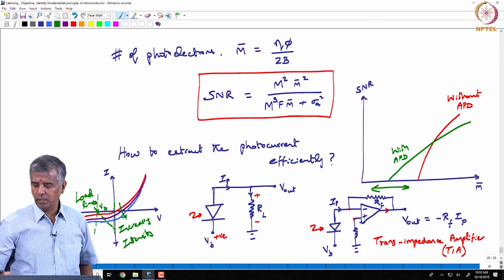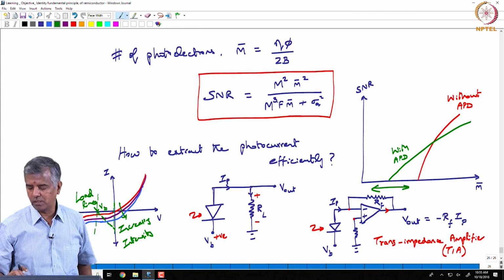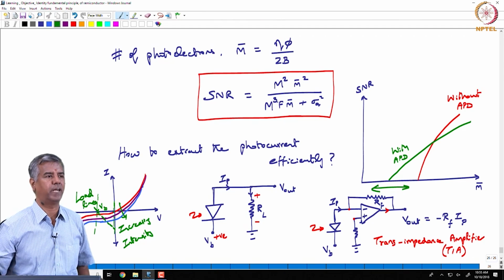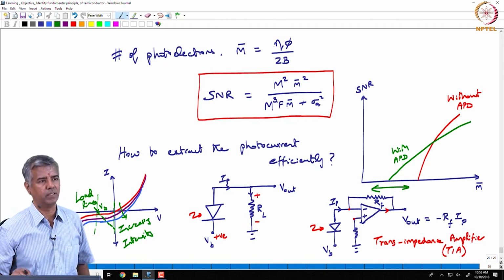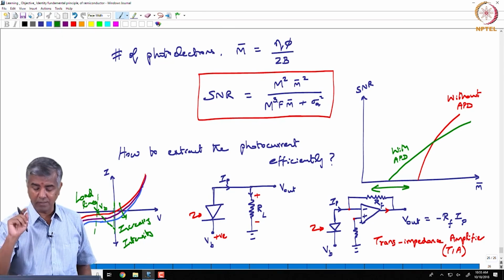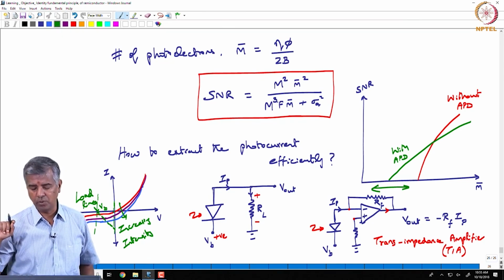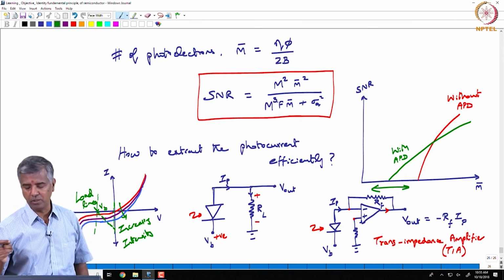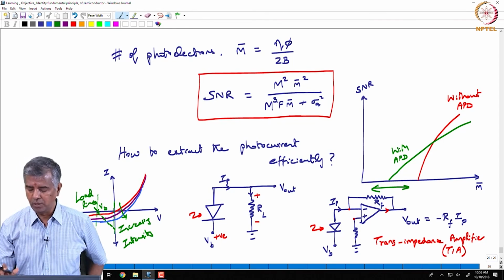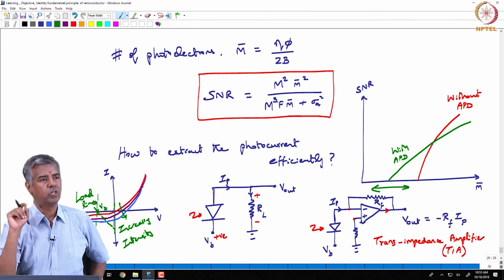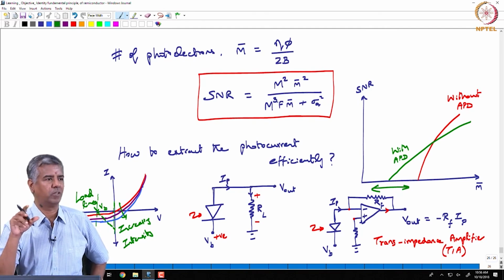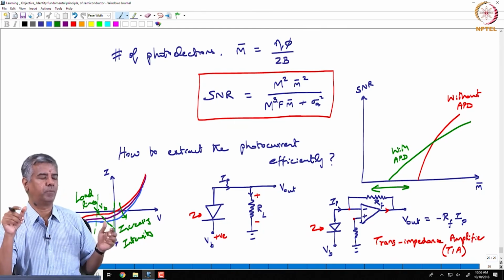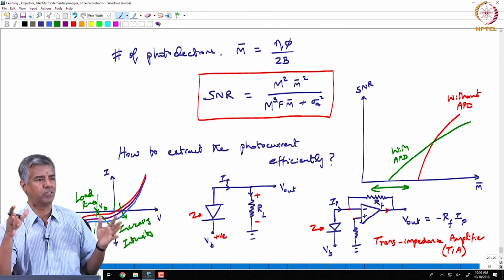So, in most of these conventional applications, you use a transimpedance amplifier as the way of extracting photocurrent and converting it to an external voltage. There are some very special cases when you want to have very high bandwidth, very good response. In an op-amp based circuit, you are always going to be limited by what is called the gain bandwidth of your op-amp, meaning the bandwidth that the op-amp can provide, even for say unity gain, is going to be limited.